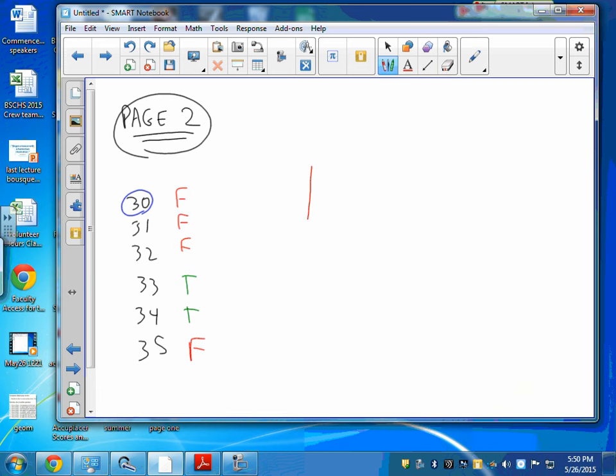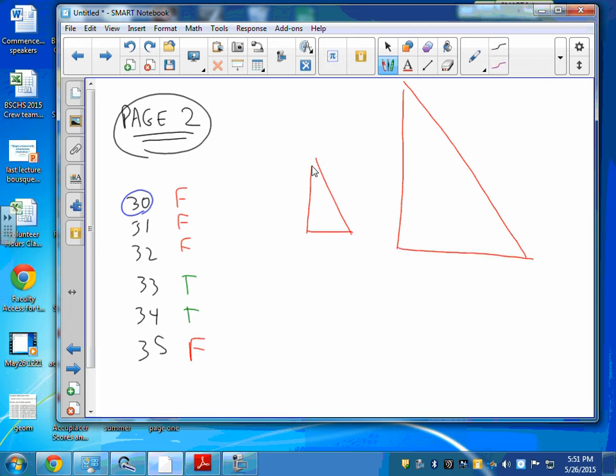So if we have a triangle and we have a similar triangle, the corresponding angles, let's say this one has to be the same as that, and then this one over here would have to be the same as this one over here, and the third one would have to be the same as the one up here. Okay? So yeah, corresponding angles have to be the same.